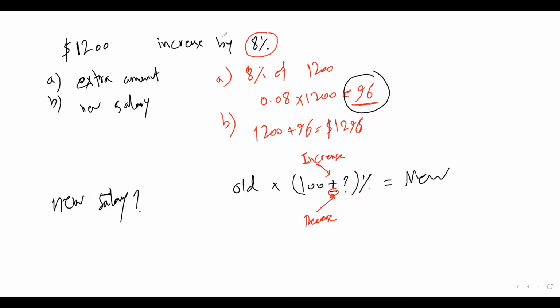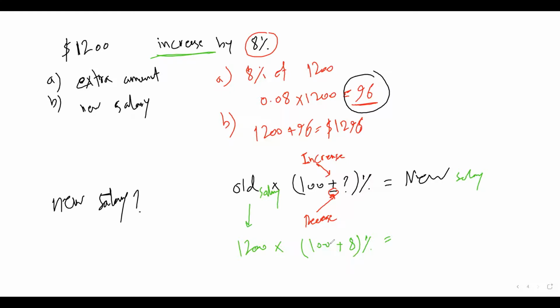So the old salary in this question is 1200 multiply. Now I have 100 here, and it is mentioned specifically it's an increase, right? Increase by 8%. So I use plus 8, the percentage sign. This should give me the new salary. Since we're talking about salary, you can modify this equation and just write old salary times this equals new salary on the right hand side.